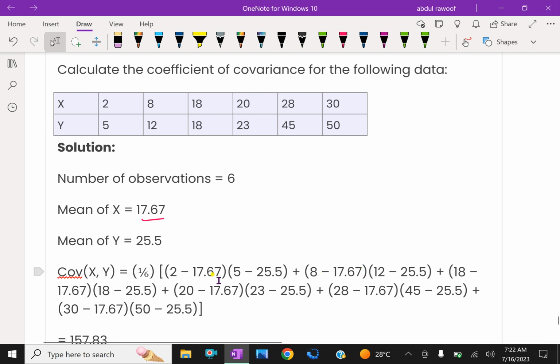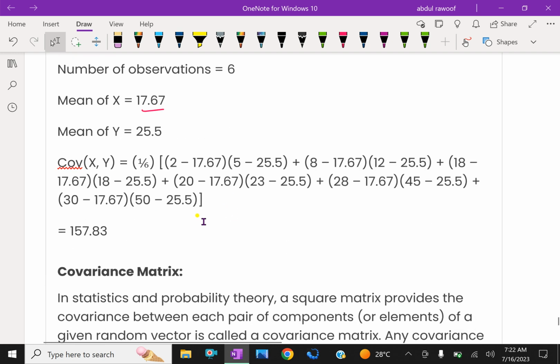Like that, you put in the points and simplify. We get the covariance of x, y as 157.83.